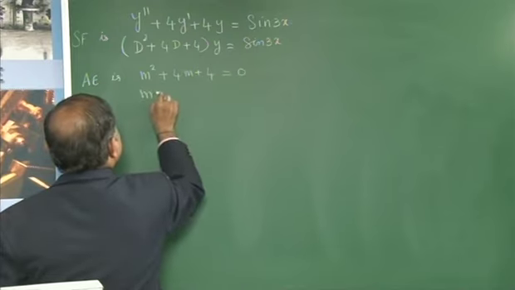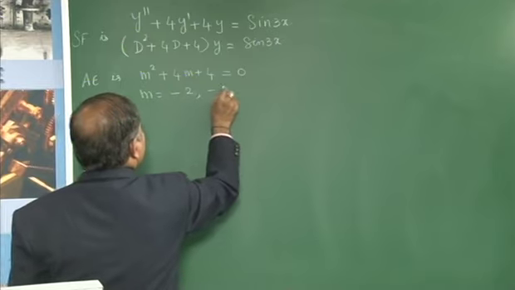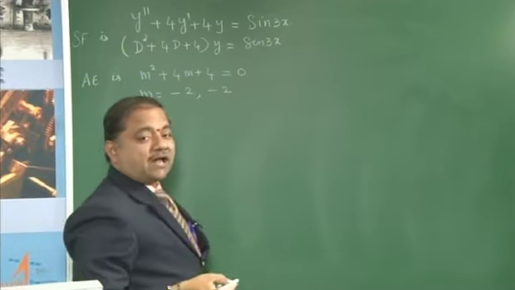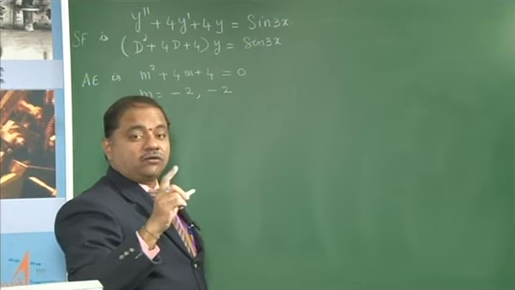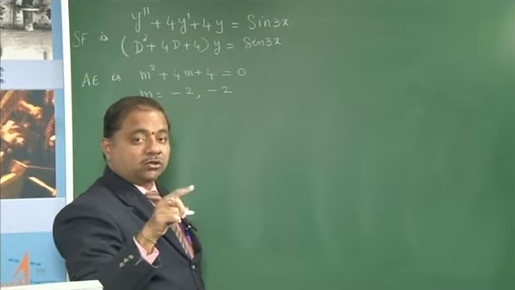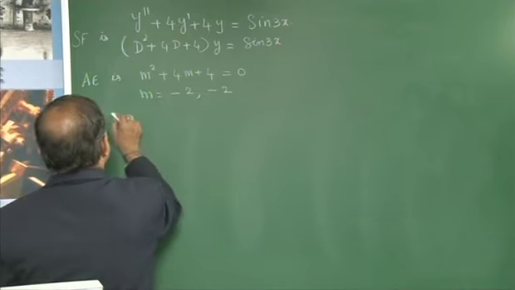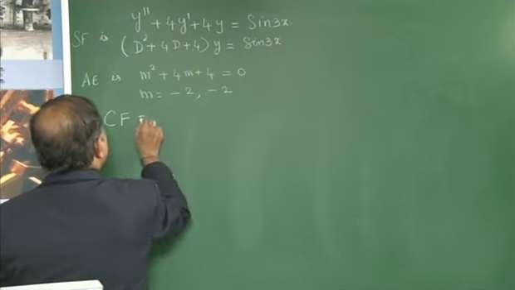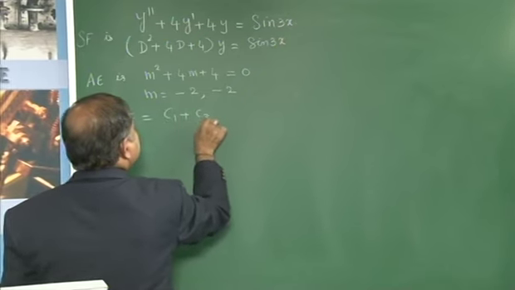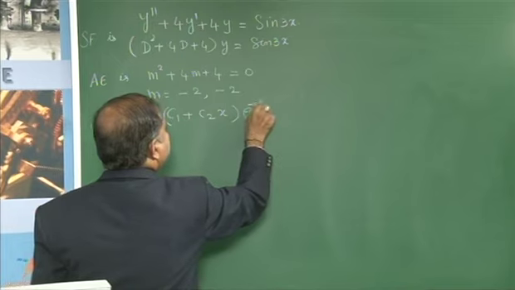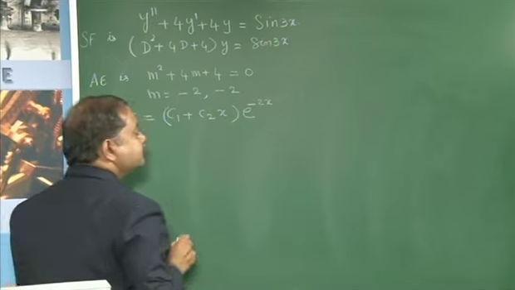Find the roots, minus 2 comma minus 2. Again and again I am repeating, when you use a calculator, be careful, you will get only one root; the other you have to assume it, equal roots. What is your CF? C1 plus C2x into e power minus 2x.